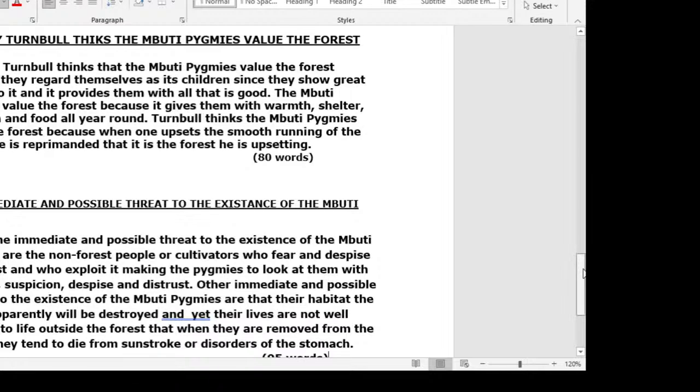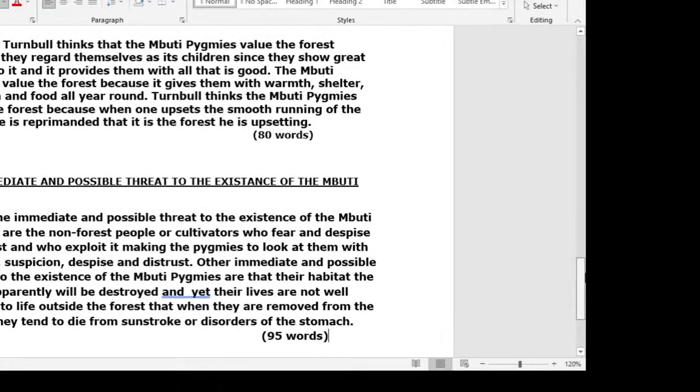There are many ideas there, but I've used only 2 commas. I've said the pygmies value the forest because it gives them warmth, shelter, affection, and food all year round. I've used a maximum of 2 commas.